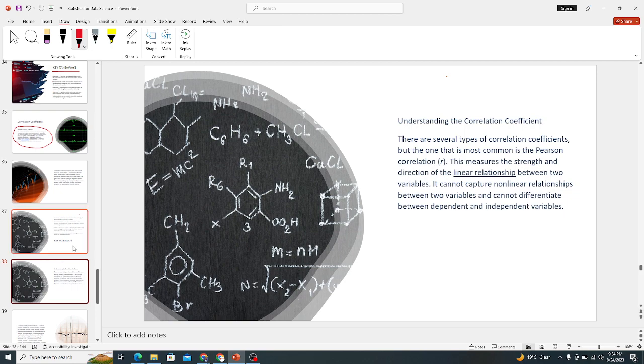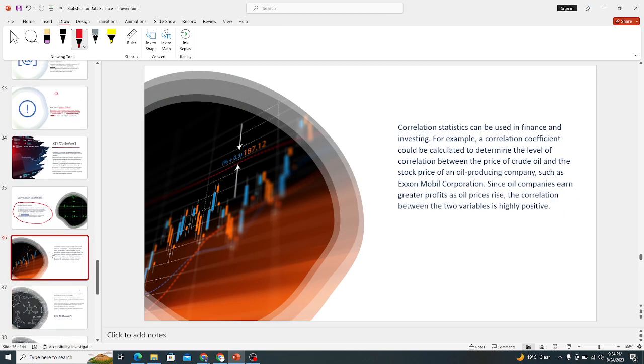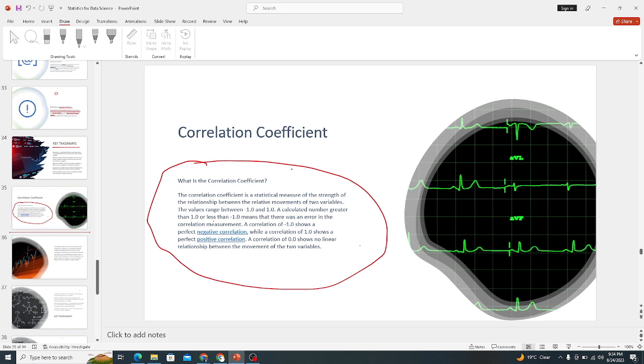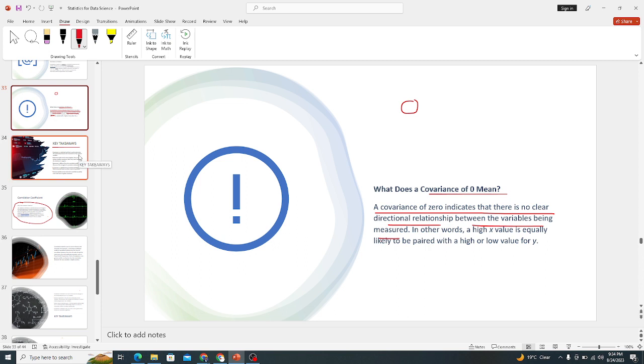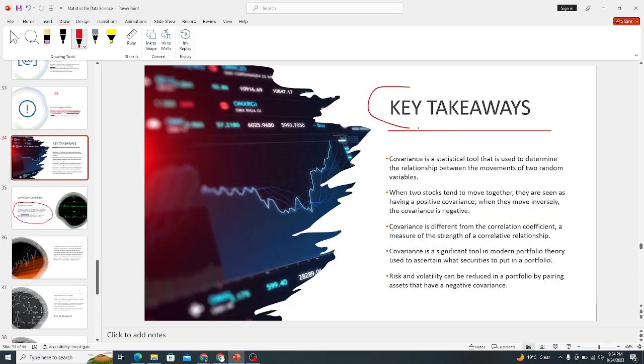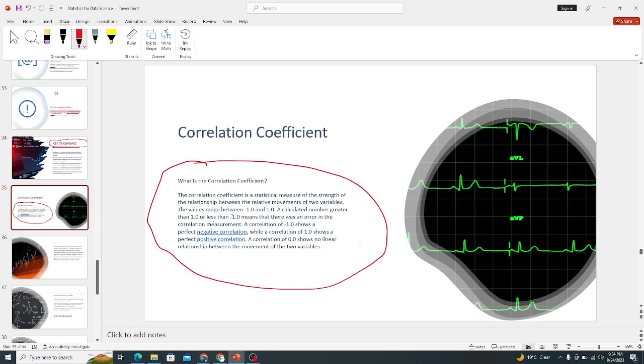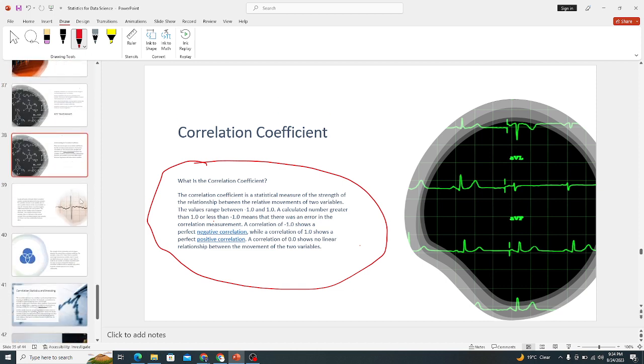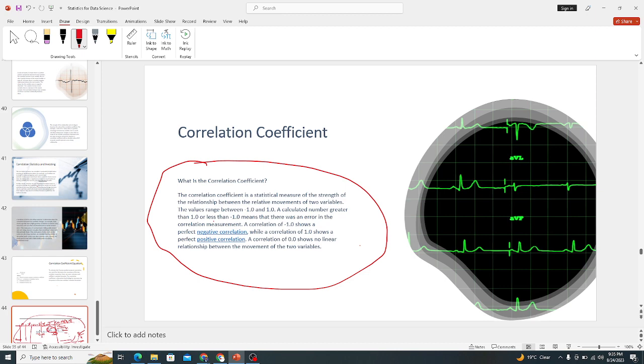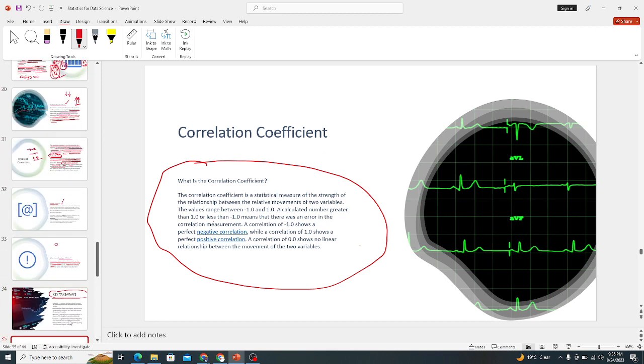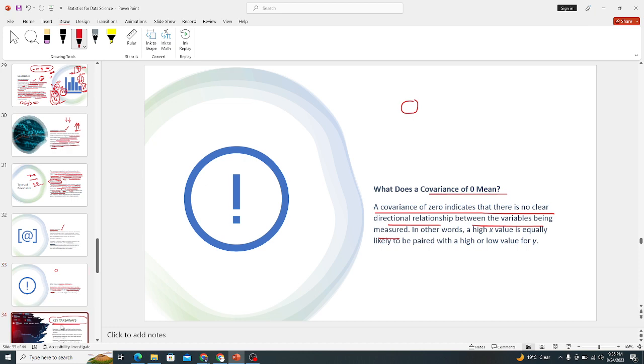I also want us to go together, make sure you understand. In fact, for the correlation topic, we will handle it next week. So we'll just go through the key takeaways of covariance, and then correlation we'll discuss in the next class, then do the practicals for all those topics from 1 up to this. Okay, all right. So some takeaways.